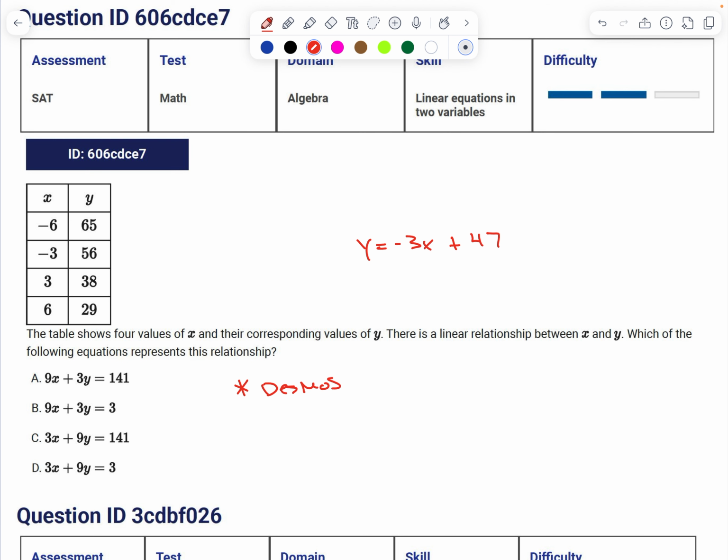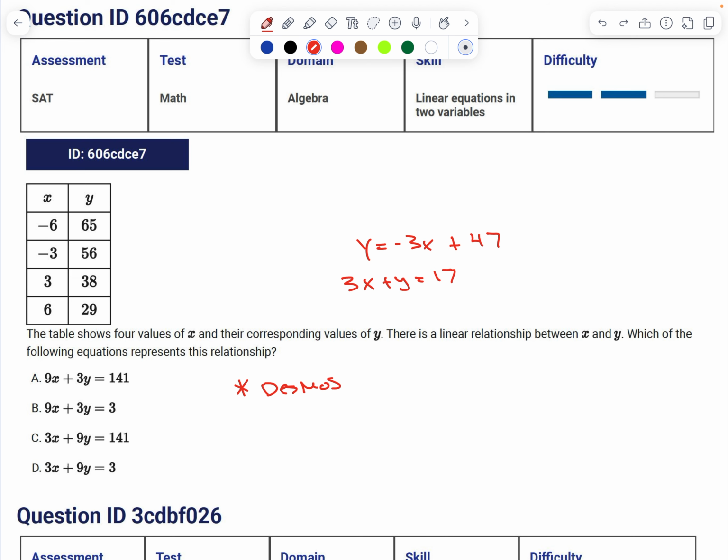So the way we do this is we're going to move this around. I'm going to add 3x to both sides. So we have 3x plus y equals 47. Well, there's our answer. Okay, dang it, we don't have that answer here. So what is the correct answer to this? Well, which one of these is equivalent to this? Going back to the original one, is there a number that I can multiply my first equation by to get to my second equation?